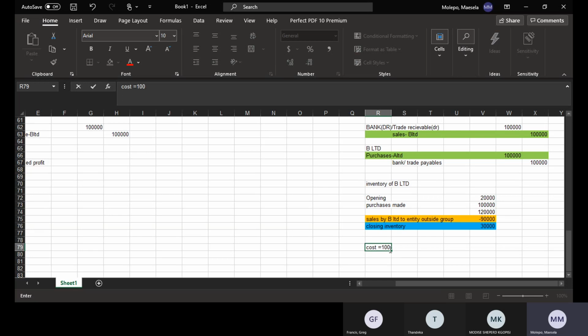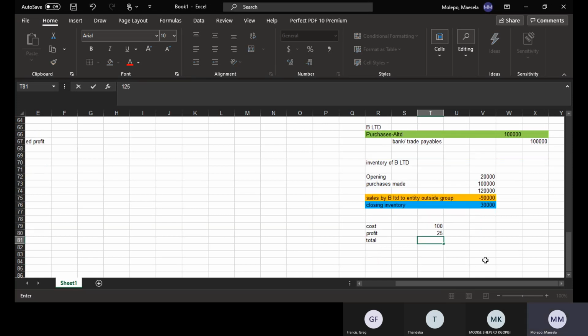Cost is 100. And then profit is 25, because they say we want to realize the profit of 25. Then it means the total markup, the total, will be 125.